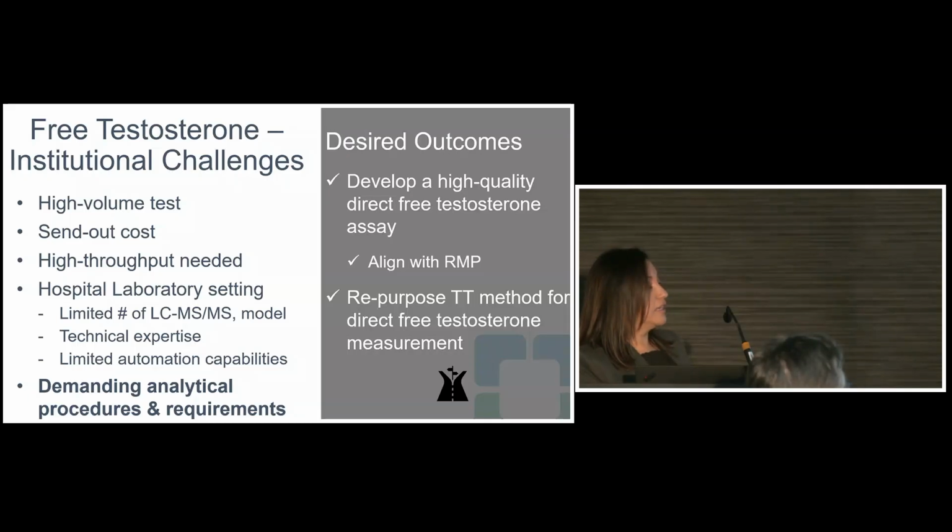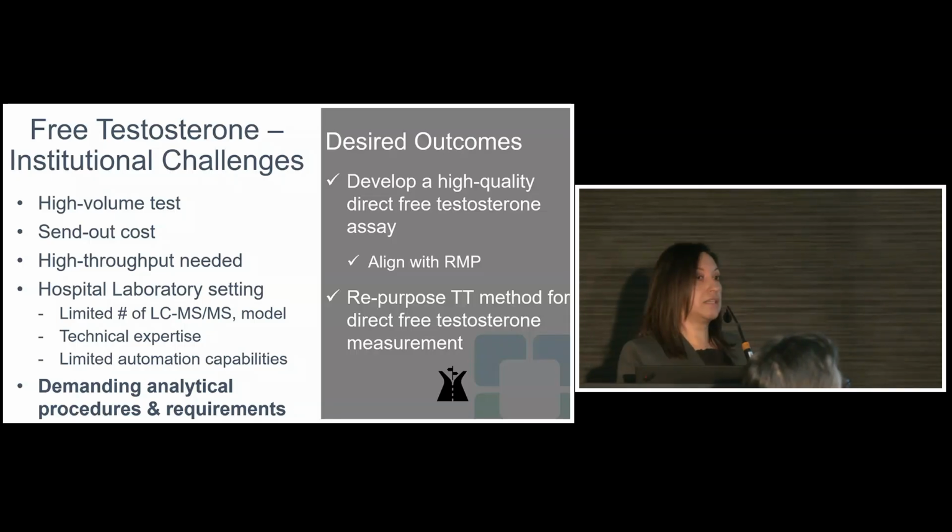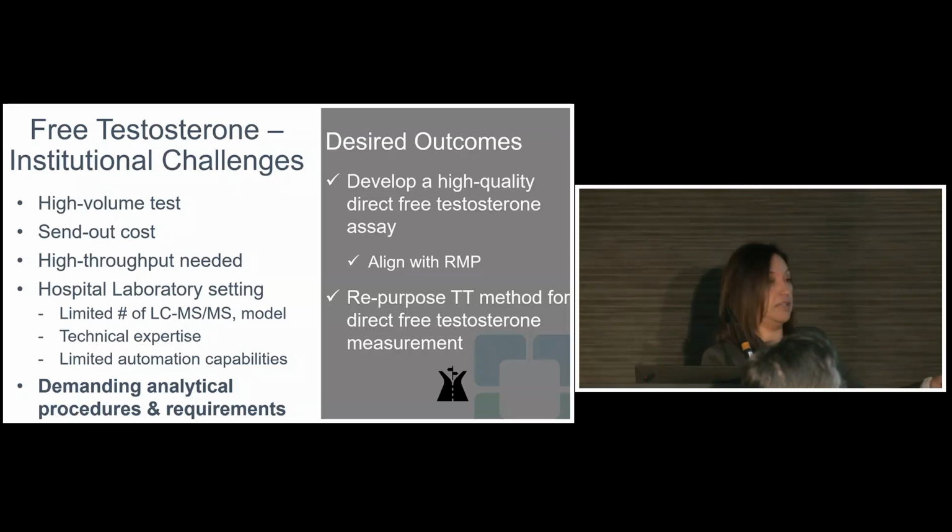So we had a revised goal, not only to develop a high quality assay repurposing total testosterone, but also to have as a goal and as a north star aligning with the reference method that the CDC had available for us to work with. And Leslie is going to tell us more about her journey developing this assay and the data that she's obtained in this assay that is clinically implemented in our laboratory.